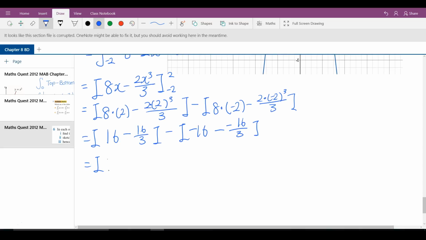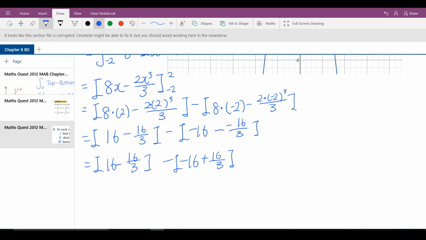So that is 16 minus 16 over 3 minus negative 16 plus 16 over 3. Negative becomes plus. So 16 minus negative 16 becomes 16 plus 16 equals 32. Negative 16 over 3 minus positive 16 over 3, so just negative 16 over 3 minus 16 over 3, becomes negative 32 over 3.